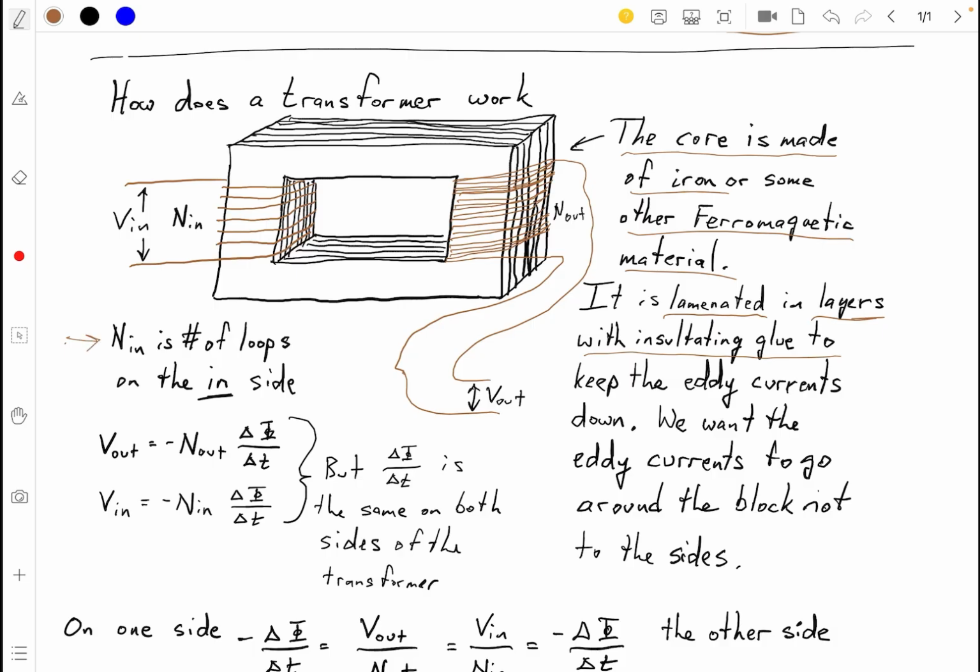Also, listen, the book calls this the primary, and we'd have N primary, and we'd have current primary on the inside, and then on the outside, we'd have V secondary, N secondary, and I secondary.